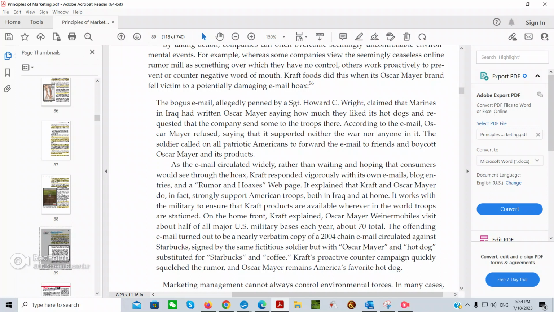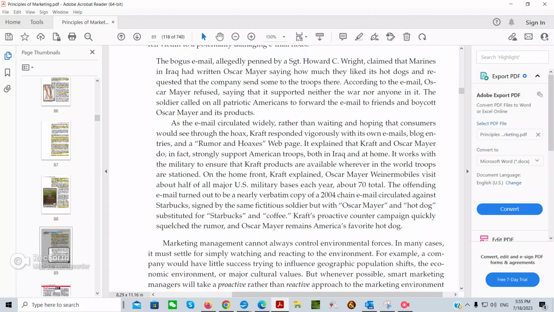The bogus email, allegedly penned by Sergeant Howard C. Wright, claimed that the Marines in Iraq had written Oscar Mayer saying how much they liked the hot dogs and requested the company send more to the troops there. According to the email, Oscar Mayer refused, saying that it supported neither the war nor anyone in it. The soldier called on patriotic Americans to forward the email to friends and boycott Oscar Mayer and its products.